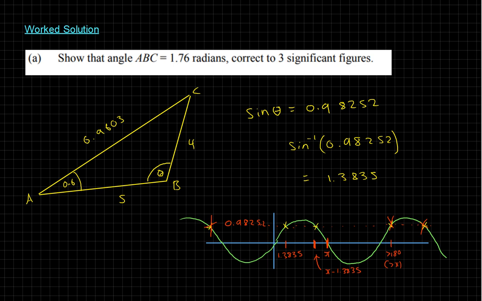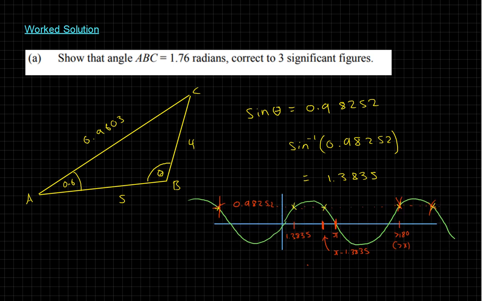So although the calculator gives you this solution, there is another solution which makes it true that sine of that value is still 0.98252. And that is pi minus 1.3835. So let's see what that's equal to. Let me just shift that up.